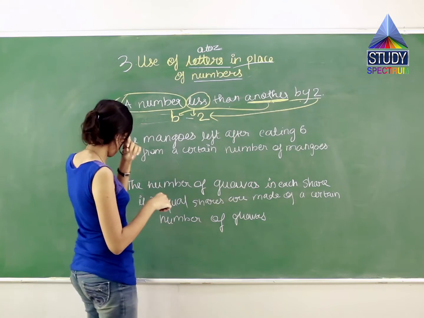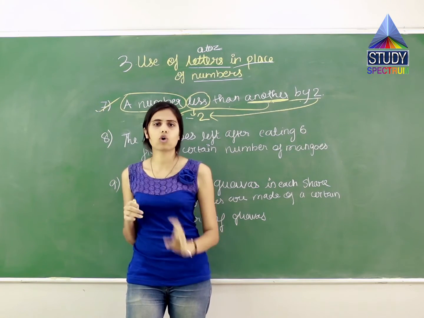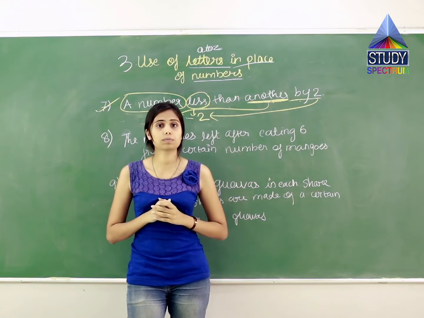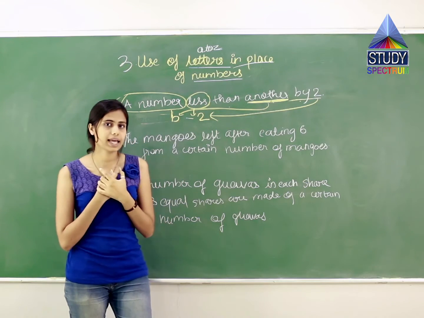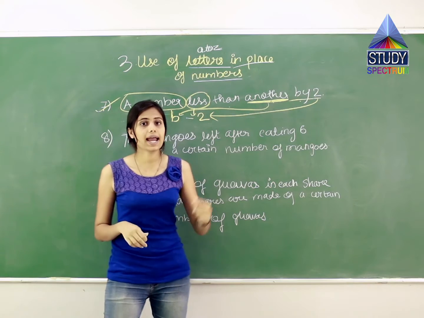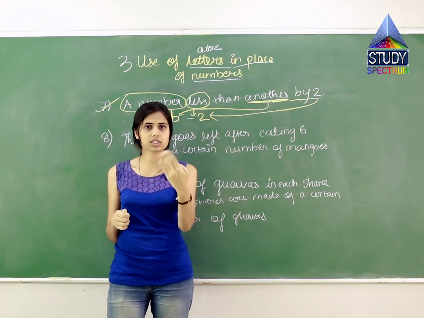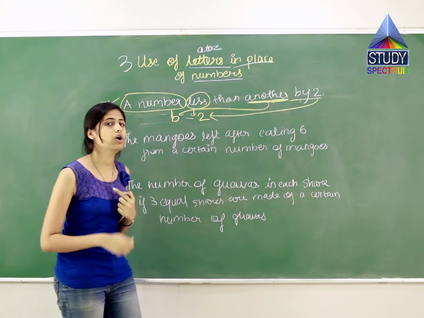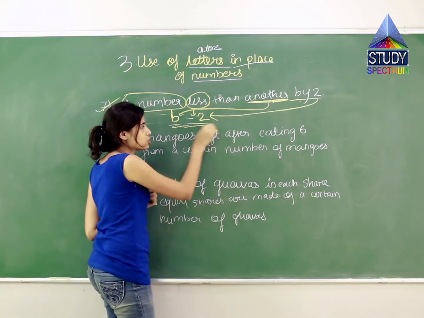If I tell you that you are 2 years younger than me, what will you do? You will take my age as b. So what is my age? My age is b. And if I ask you what is your age, what will you say? It is my age minus 2, because I said you are 2 years younger than me. You will take my age as b and yours will be b minus 2 because you are younger.